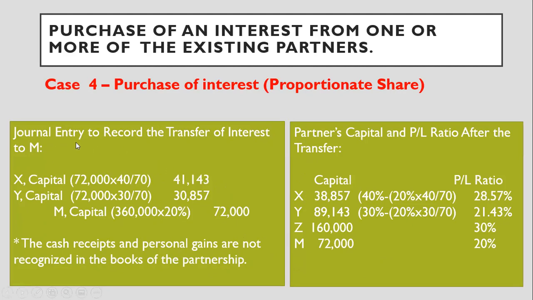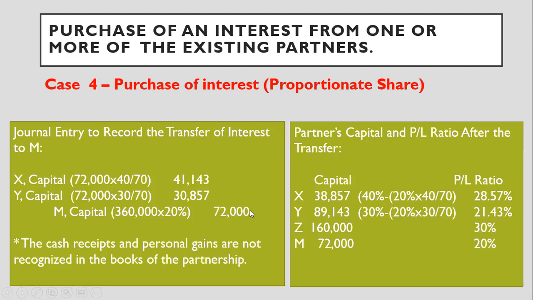To determine how much amount will be transferred by X and Y to M, we need to determine first how much amount should be transferred to M based on the net asset of the partnership. So it's 360,000. That's the total actually interest of all the partners. So it's 360,000 times 20%, it's 72,000.